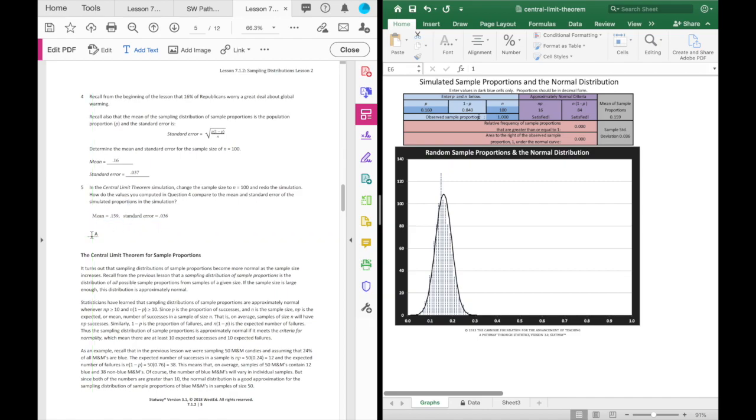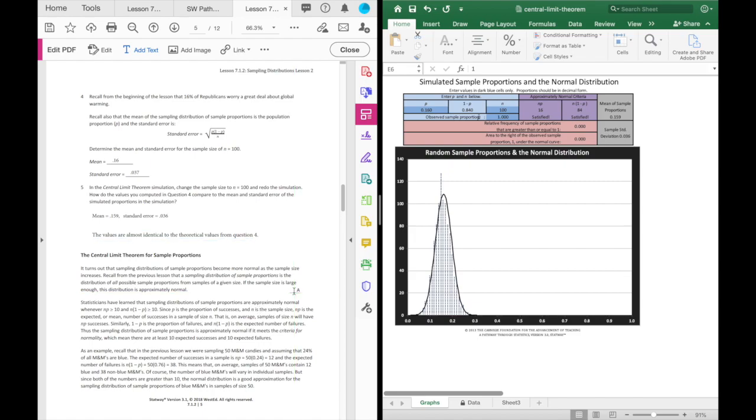How do these compare to what we have up here? Look at these two values and then look at these two values. They're almost the same, aren't they? So the values are almost identical to the theoretical values from question 4.